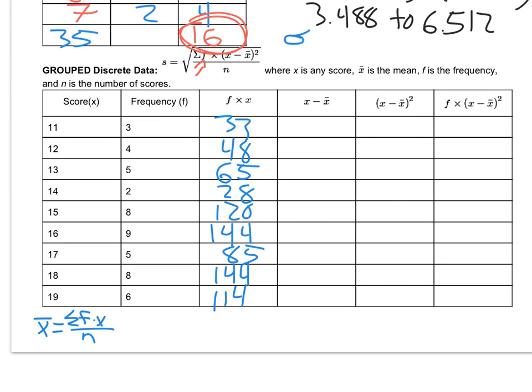Since I'm eventually going to need the total of that column, I'm going to add those up real quick. That ends up being 781. Then if I add the entire frequency column up, I get 50. So my mean is going to be 781 divided by 50, which is about 15.62.